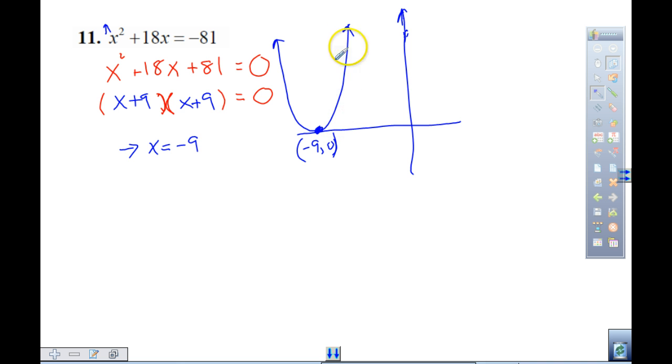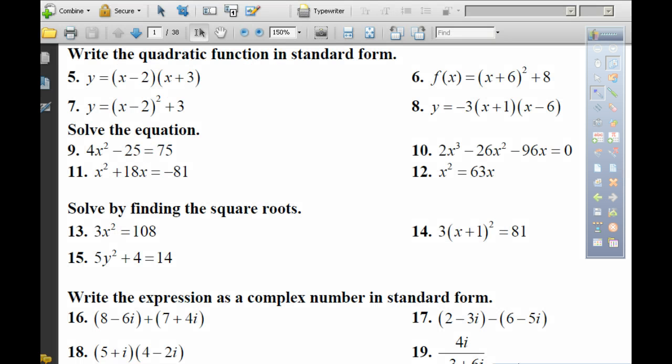Okay, if we kept this going, where would it finally cross this? 81, the y-intercept. So I got way up there. So that's how to make a quick graph. So I just want to go over that special situation when the x-intercept is also the vertex. When you have only one answer, meaning both of these are identical, that's what that means. Good.